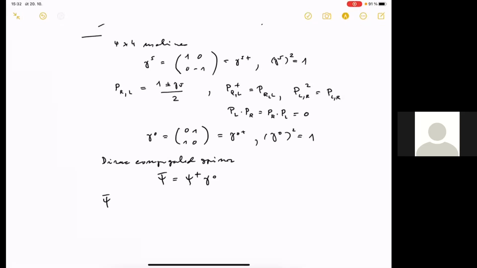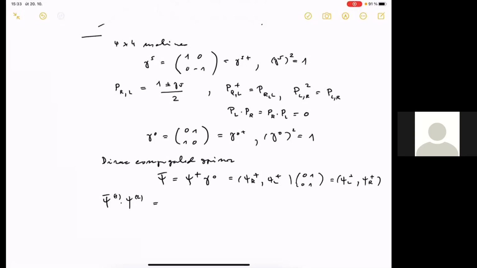Psi bar, say we have two such spinors, psi 1 bar times psi 2. What is it? So in components, this can be written as psi R cross, psi L cross, times this matrix gamma 0, which is just the permutation matrix, which when it acts from the right, it simply changes the corresponding R and L components. So we get here psi L cross and here psi R cross.